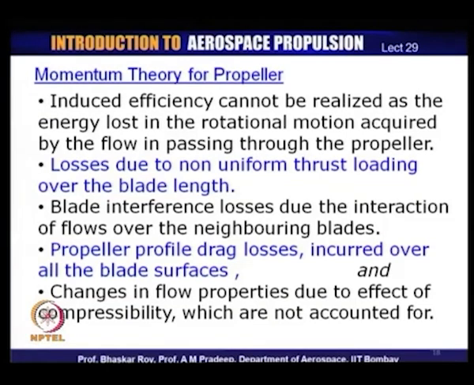For example, the wake of one of the blades could interfere with the wake of the other blade, or the flow from one of the blades could flow into the other blade, and this aerodynamic interference is totally neglected in this particular momentum theory. So, that is another reason why there is a difference between what we calculate through momentum theory and what would actually happen in an actual propeller operation.